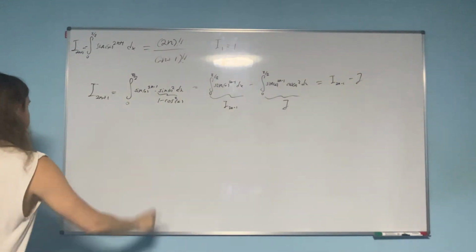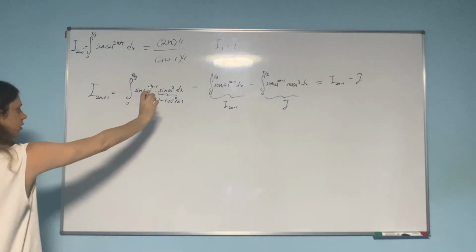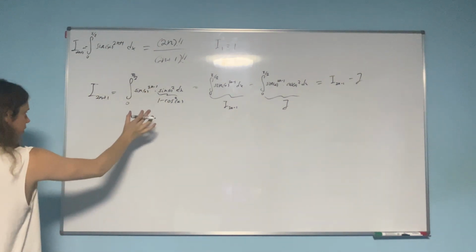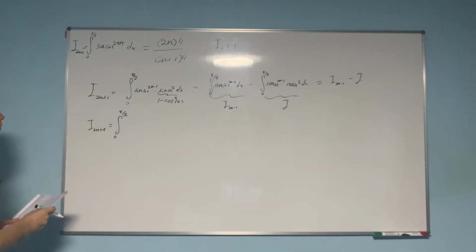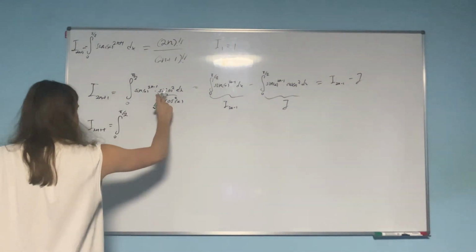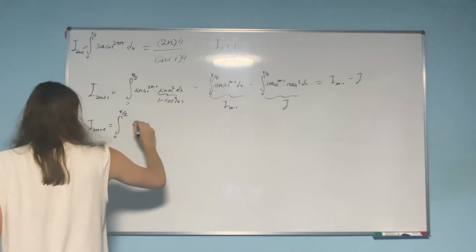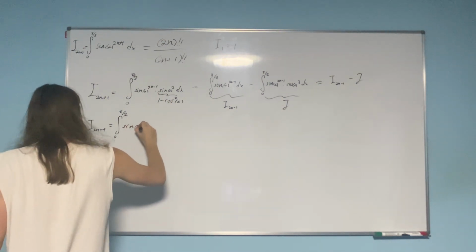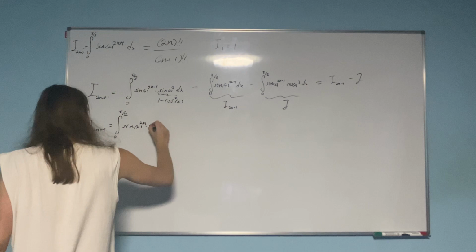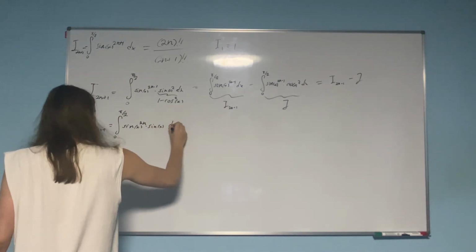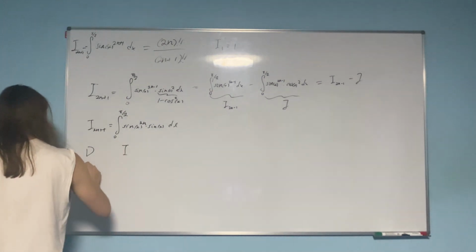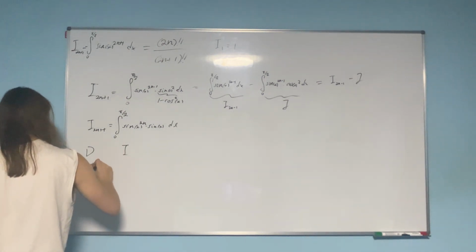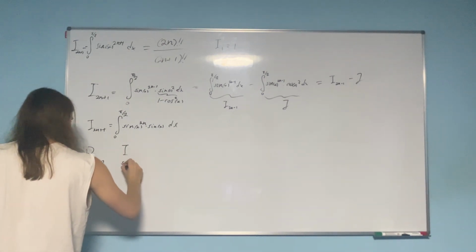And now we create another recurrence relationship in a different way. So now we only factor a sine term instead of sine squared. And we integrate by parts. So we choose to differentiate sine of x to the 2n and integrate sine of x.